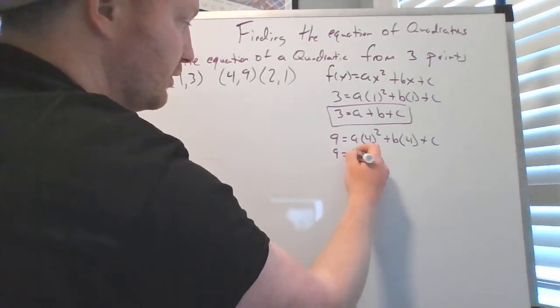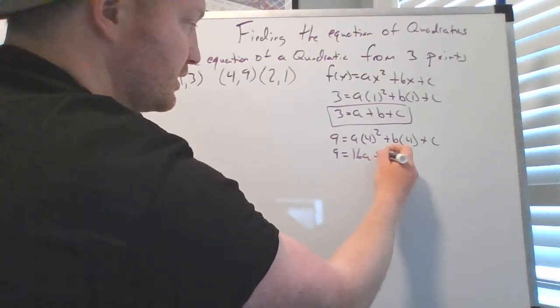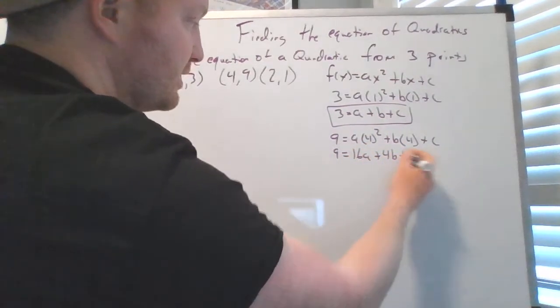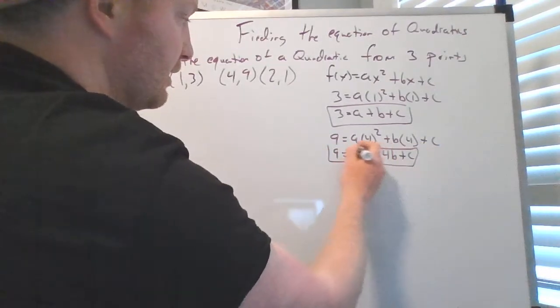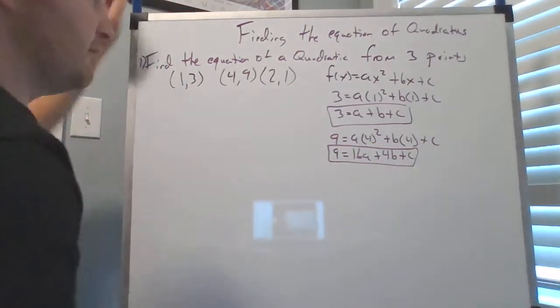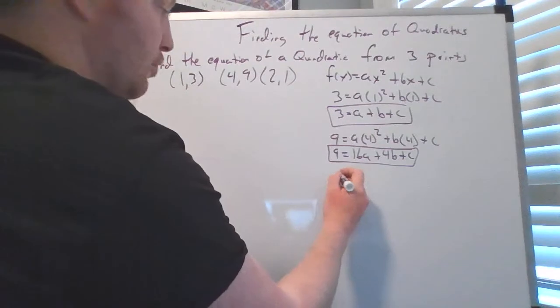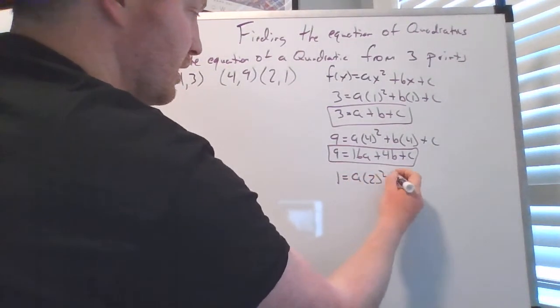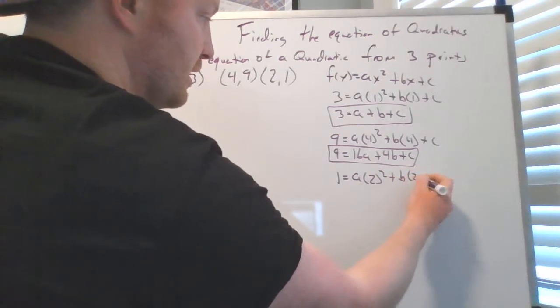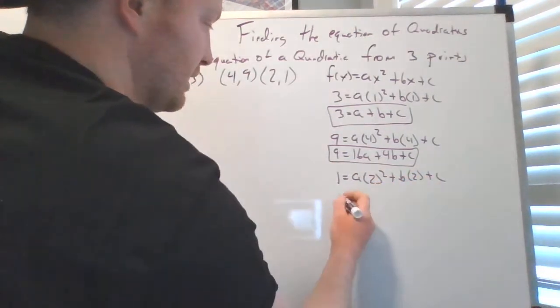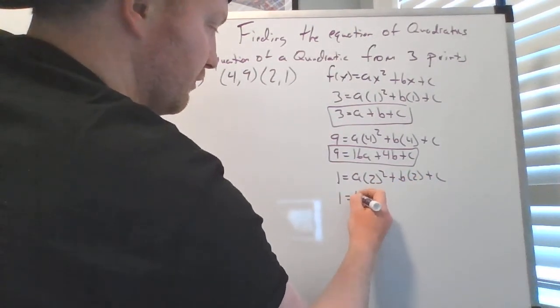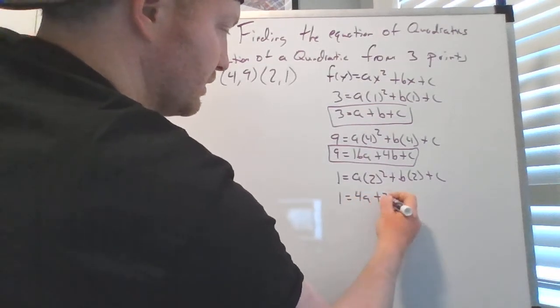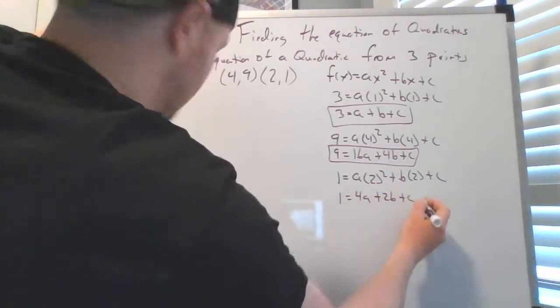So 9 equals 16a plus 4b plus c. Again, this is crucial. Last but not least, 1 equals a times 2 squared plus b times 2 plus c. 1 equals 4a plus 2b plus c.